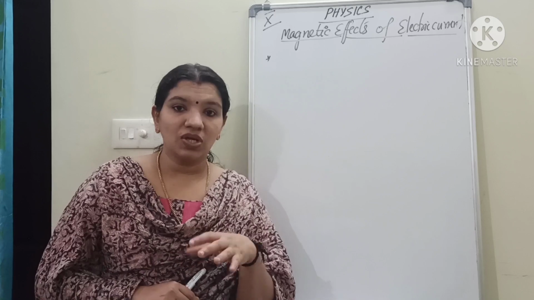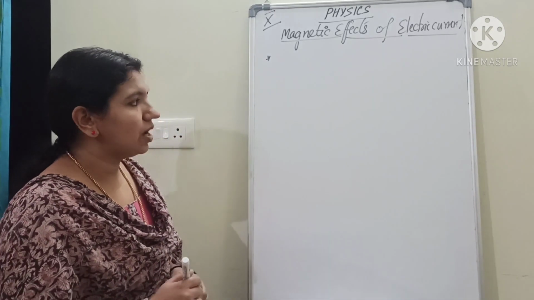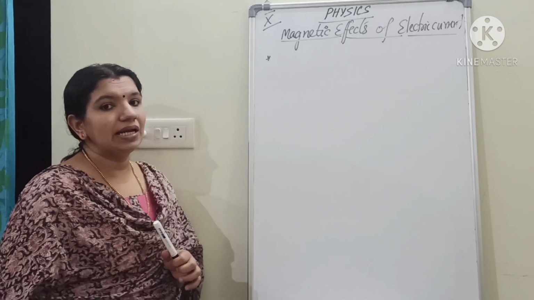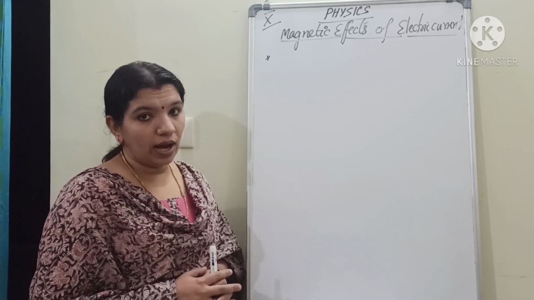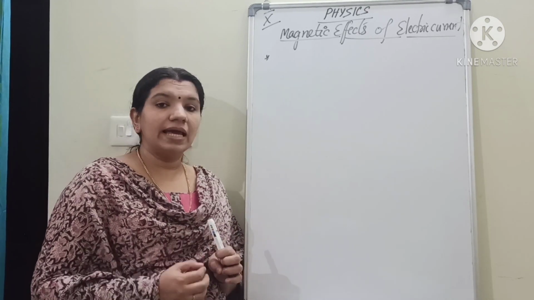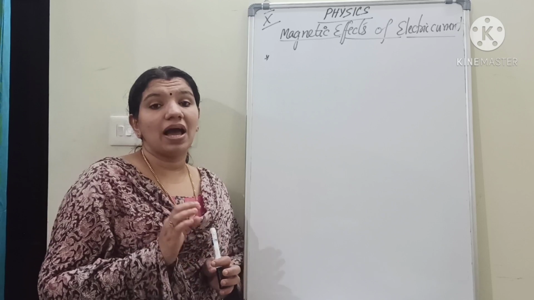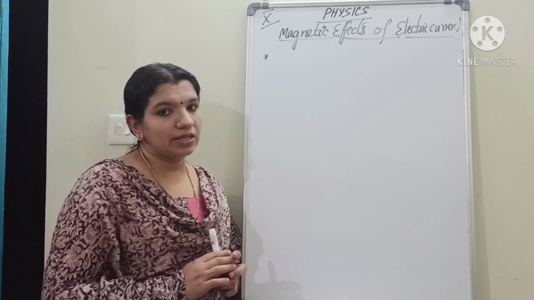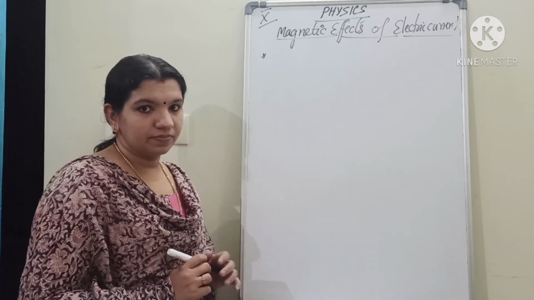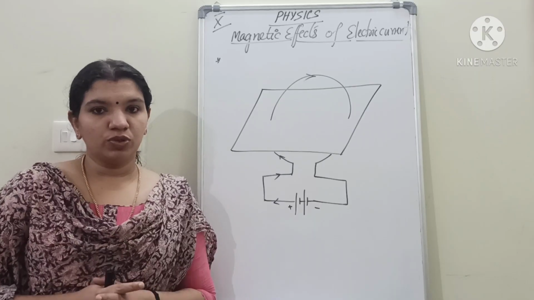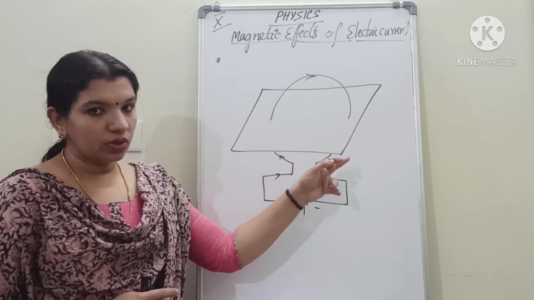So let us move to the activity first, and then we'll come back to the concept. For the activity, we need a rectangular cardboard, a circular current carrying wire or loop, a battery, a key, and some iron powder to sprinkle over the cardboard. Let us look at the diagram first. We have a rectangular cardboard.